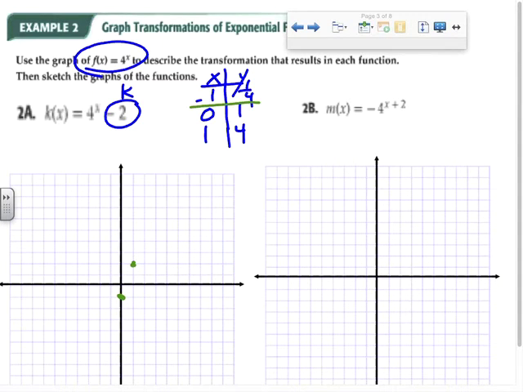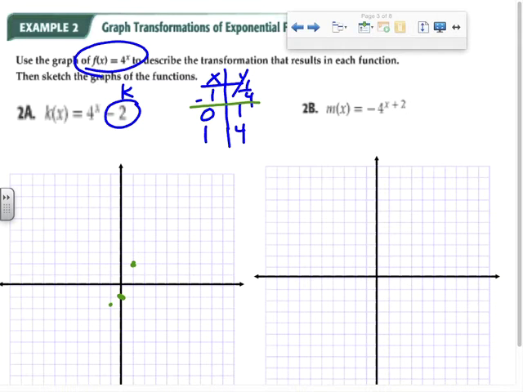Finally, this (-1, 1/4), well, it won't be there either. It's going to move down 2 spaces. So it'll be at (-1, -1 3/4) here.